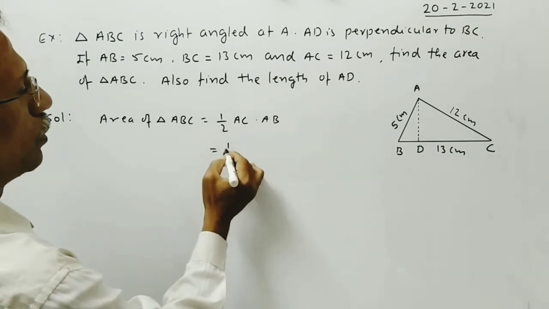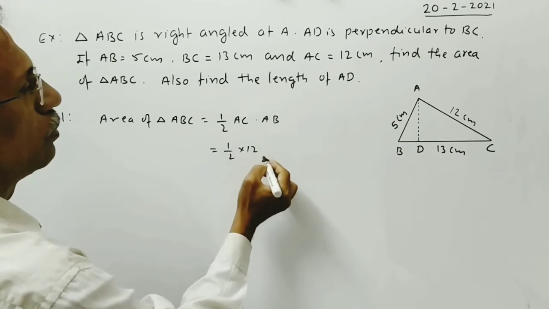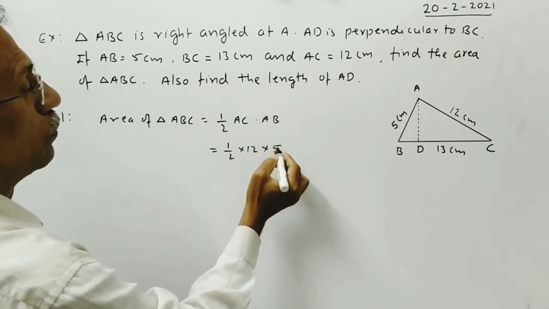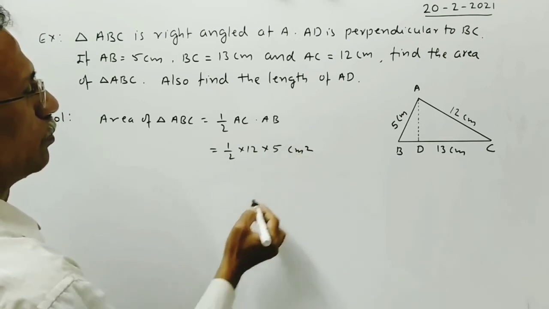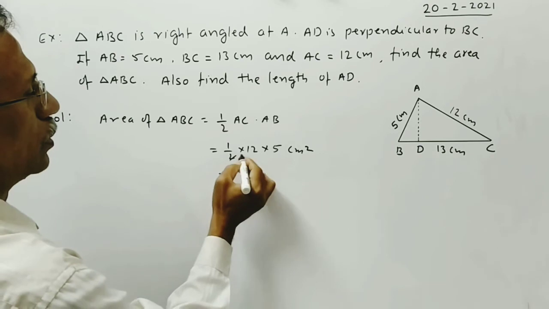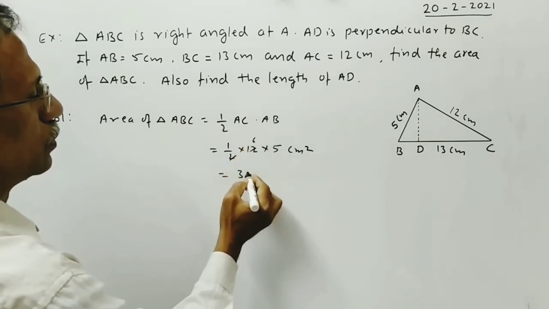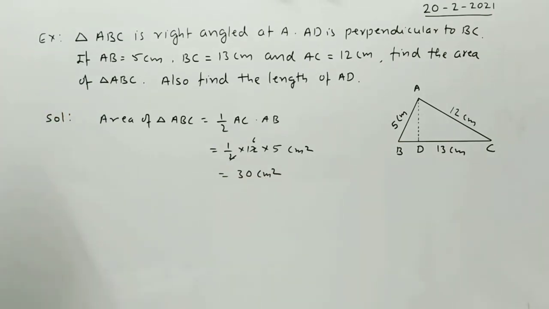This is equal to 1/2 into 12 into 5 square centimeter is equal to 30 square centimeter.